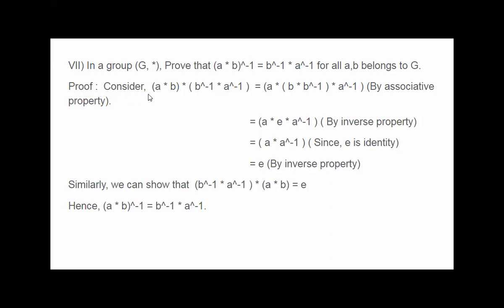What the proof given here is, consider A star B star (A star B) inverse, where star is the operation for which the group is closed. What we first consider here is A star B star B inverse star A inverse. Then what is it equal to?